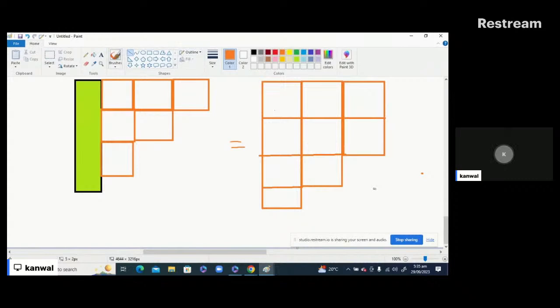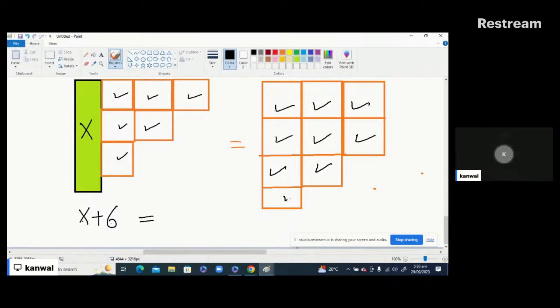Now this is your x. So this is x. Now add with how much? 1 2 3 4 5 6. x plus 6. How much are these? 1 2 3 4 5 6 7 8 9.